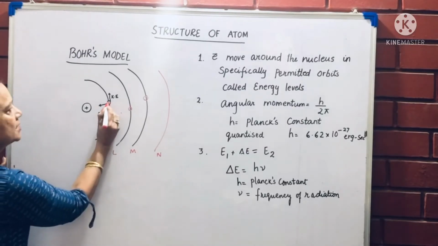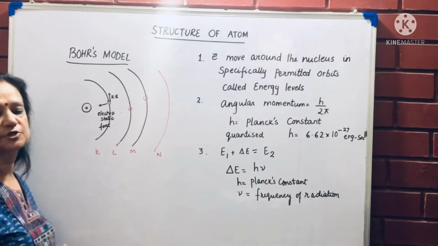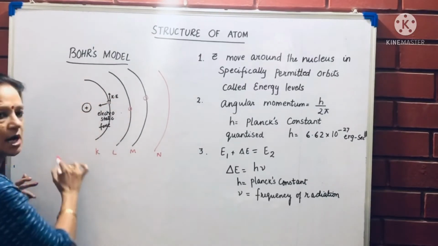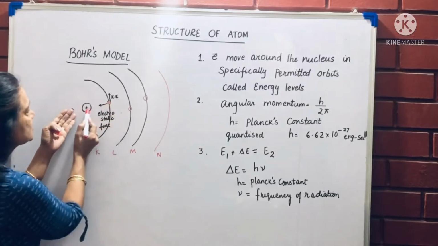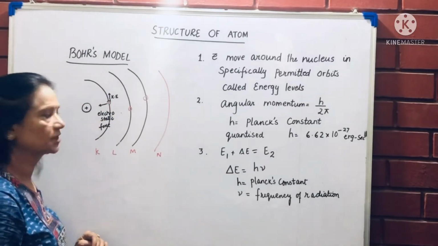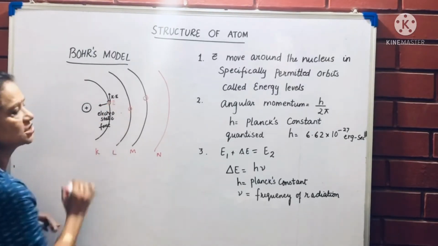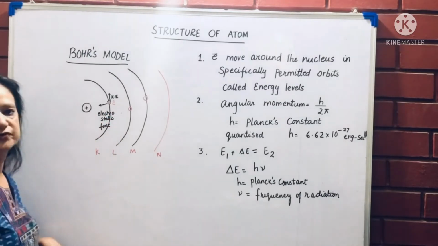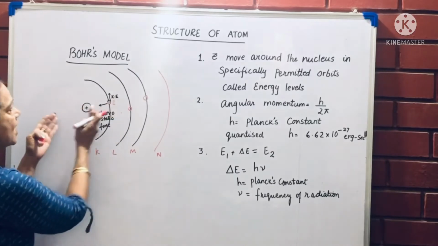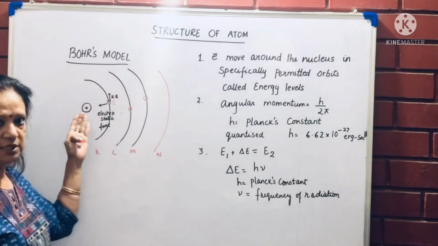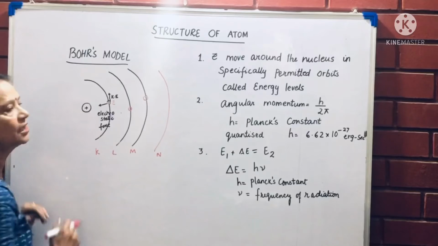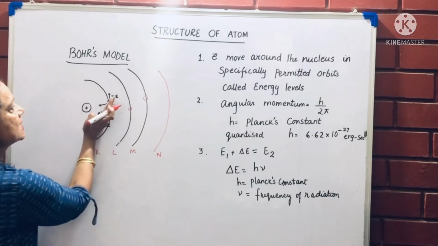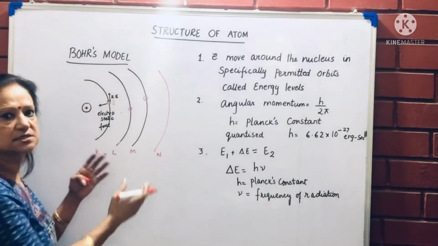When the electron is present here, it has two types of energies: the kinetic energy with which it is moving around the nucleus, and it is also getting attracted towards the nucleus because this is negatively charged, so it has an electrostatic force of attraction. So there are two types of forces acting on the electron while it is moving. This is an angular momentum. Momentum is mass into velocity.